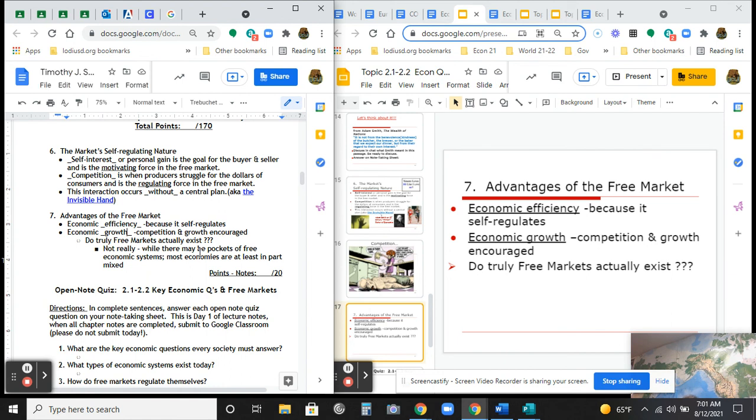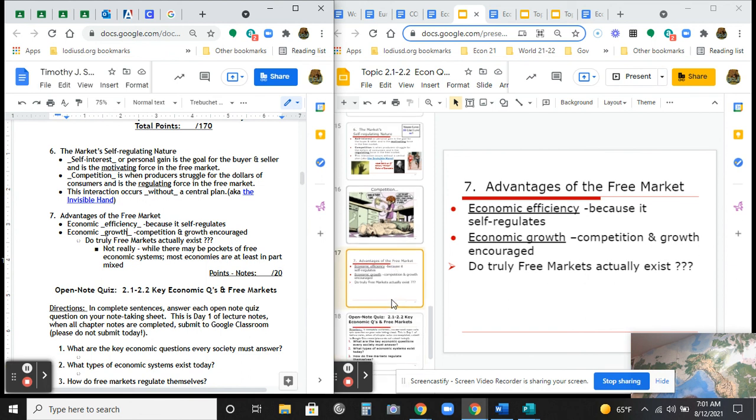Do free markets actually exist? Well, not really. But there are pockets of the economic systems that are free, but most economies are at least in part mixed because we don't want people to starve or have to turn to crime because their ability to compete in the free market is less.